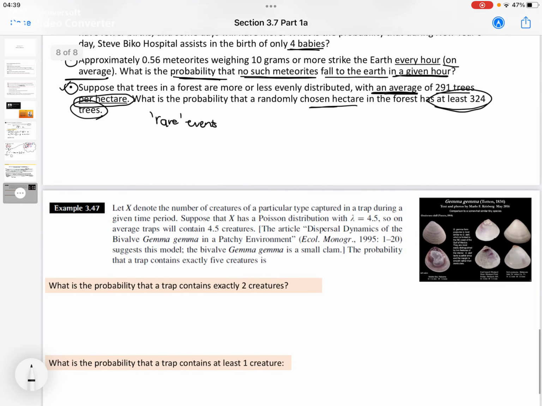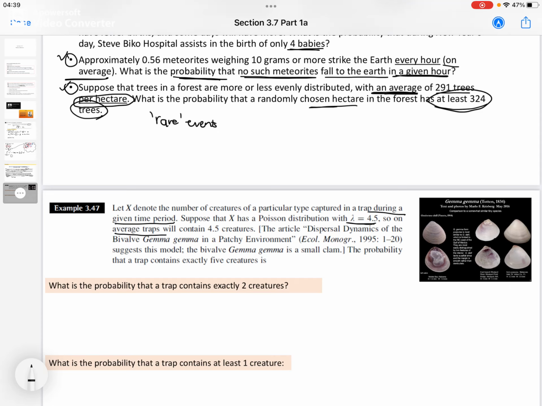All right, so example 3.47 says, let X denote the number of creatures of a particular type captured in a trap during a given time period. Suppose that X has a Poisson distribution with parameter lambda equal to 4.5. Yes, so we see that lambda is positive. That is one of the criteria under the definition, that lambda must be positive.